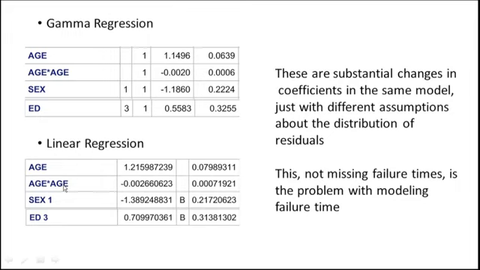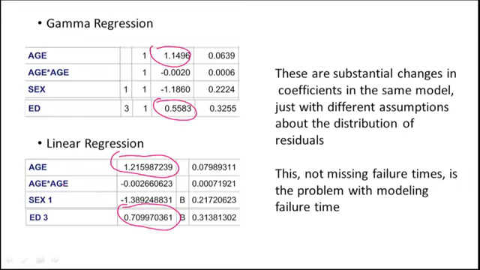Here's what I get in the gamma model, and here's what I get in the linear regression. These numbers are changing a lot more than they did when I had missing data.